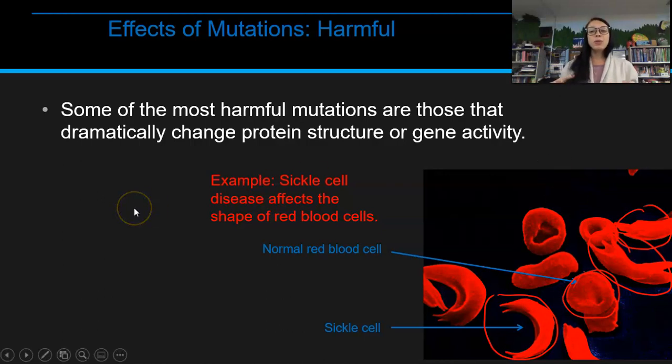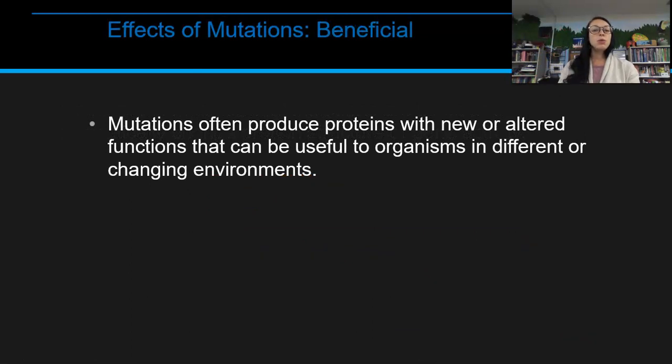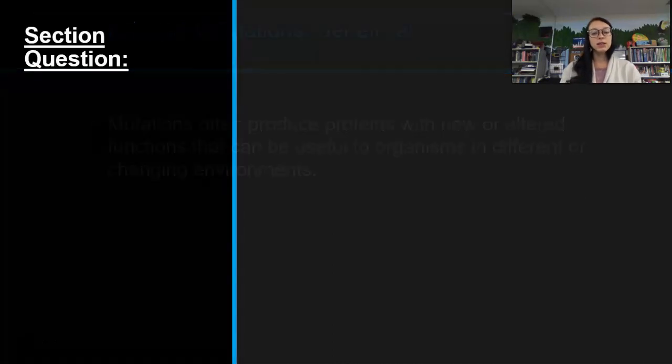But you can also be a heterozygote for this disease and have some benefits, because the sickling shape of the cell is said to protect people from malaria. Mutations oftentimes produce proteins with new or altered functions that can be useful to organisms in different or changing environments.